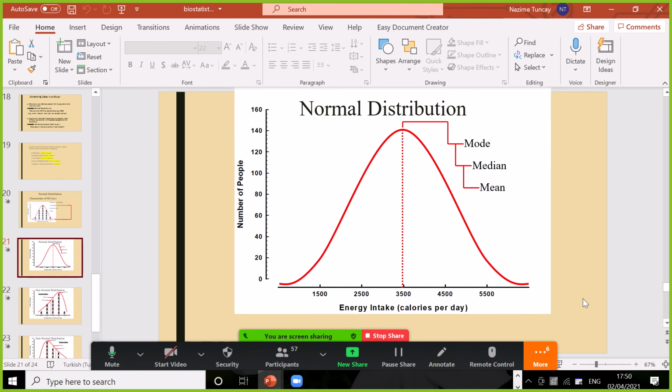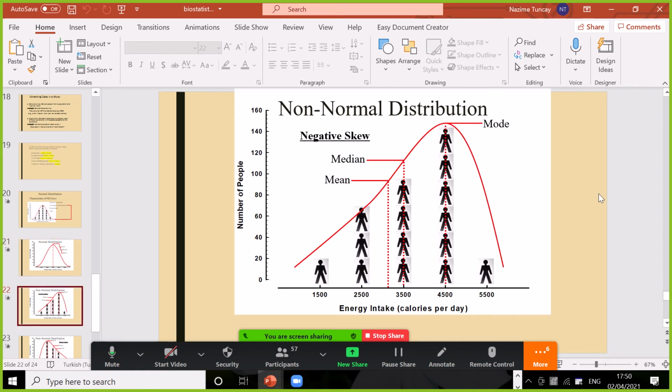This was the normal distribution, okay. Mean, mode, median are equal in normal distributions, and if we have normal distribution here, for example, energy intake, calories per intake of people, you see that it shows a normal distribution, and if we have a normal distribution, then we can use parametric tests, okay.